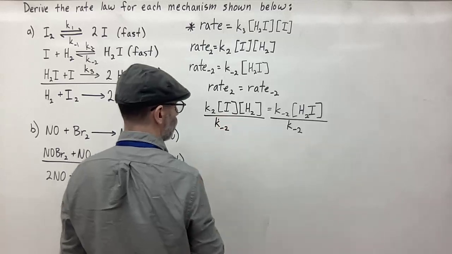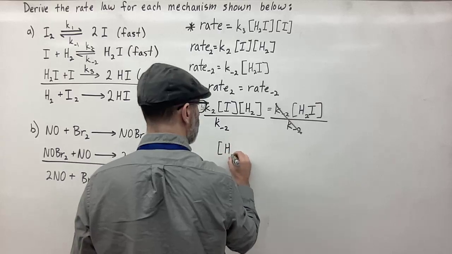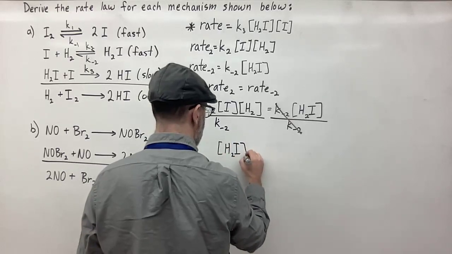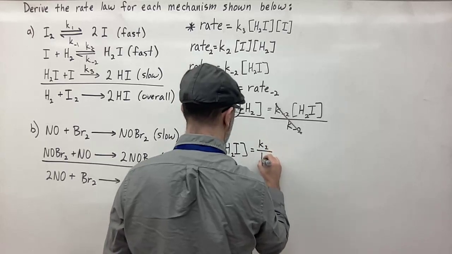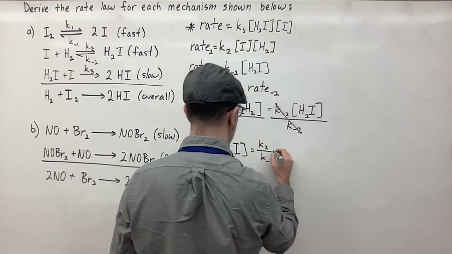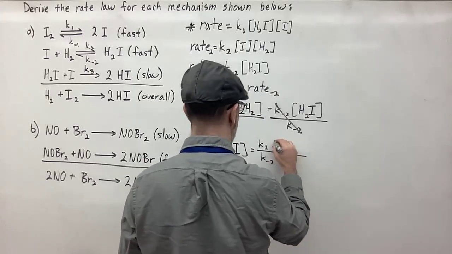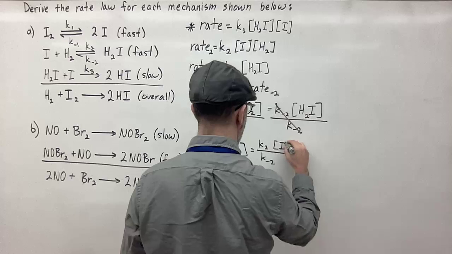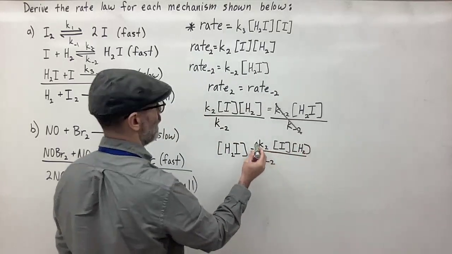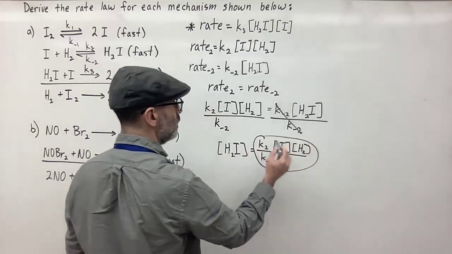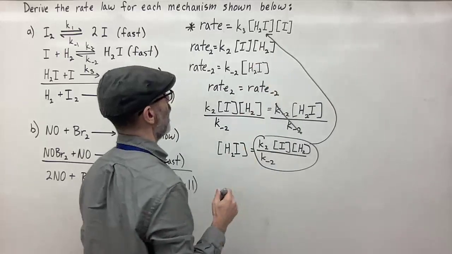That cancels out, so the concentration of H2I is now equal to K2 over K negative 2, all over I times H2. So now we can take this and substitute in for that.